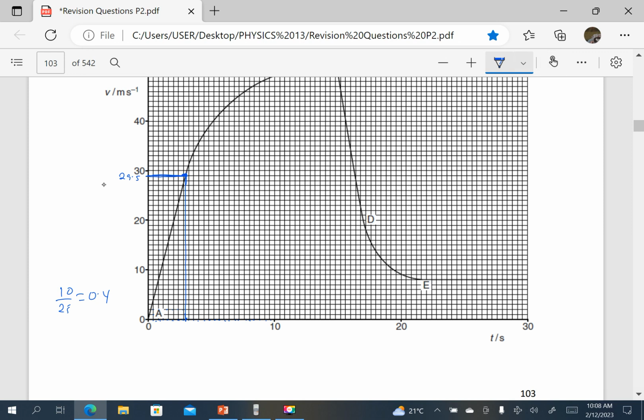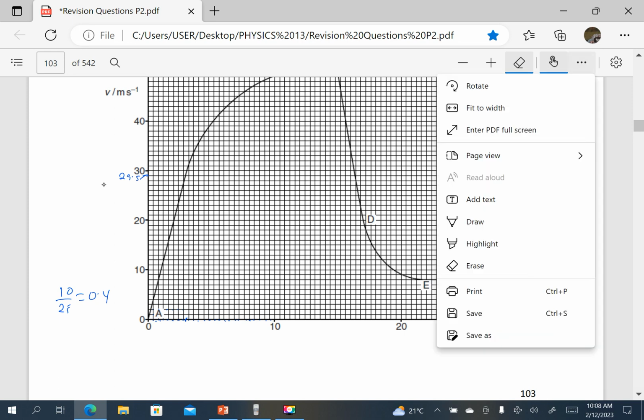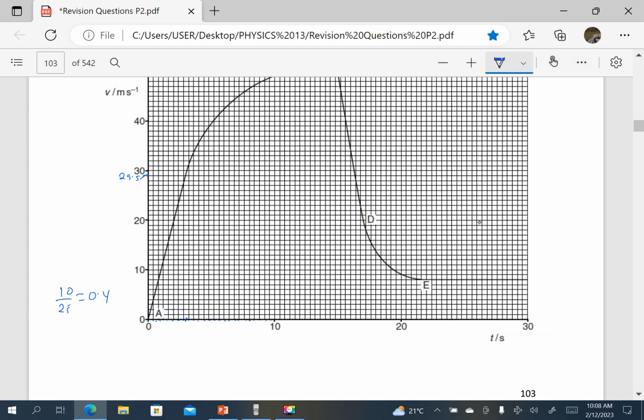It is not exactly there; it is in the middle of the box. That is 29.5, in the middle of the box, and the middle of the other box for 7.5.